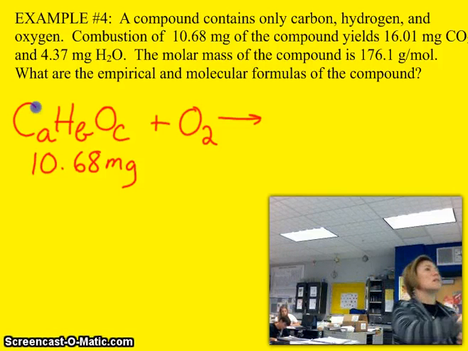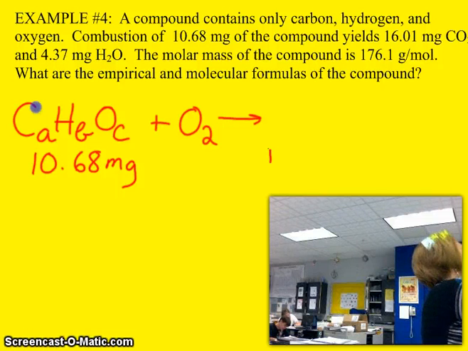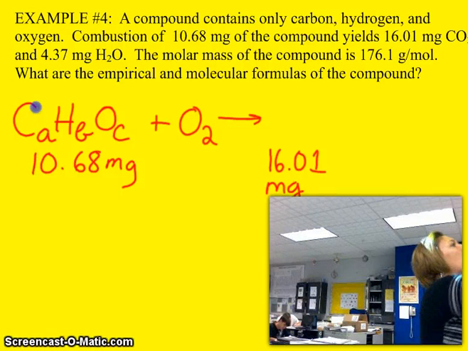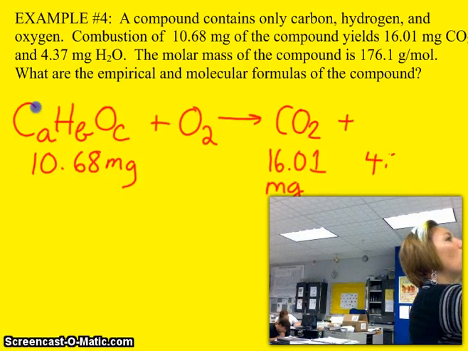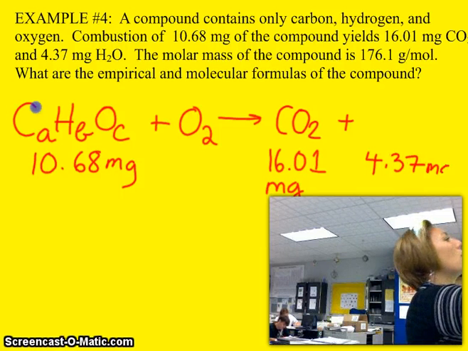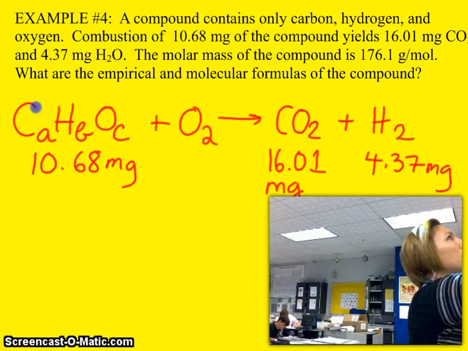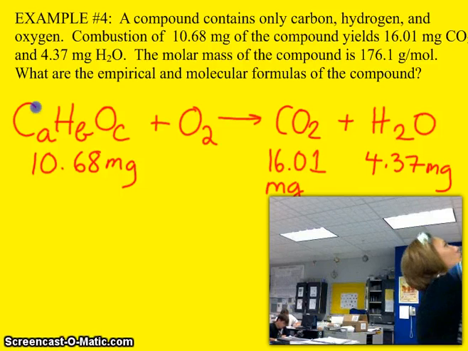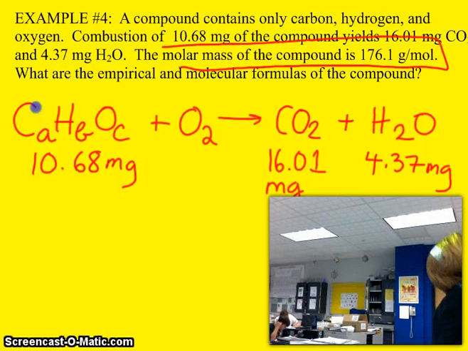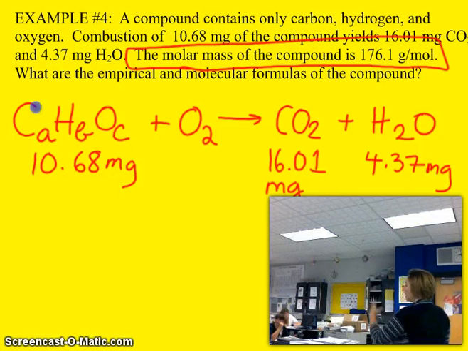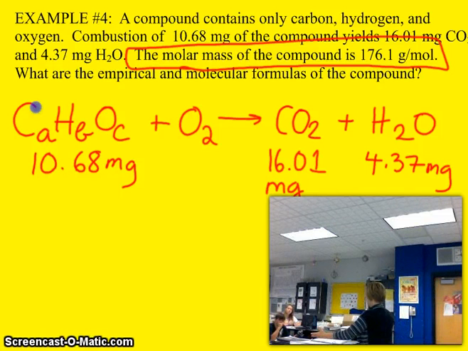It yields 16.01 milligrams of carbon dioxide and 4.37 milligrams of water. And they give us the molar mass of the compound. Again, why would they do that? So that later we can go back and find the molecular formula, just like last time. What are the empirical and molecular formulas of this compound?